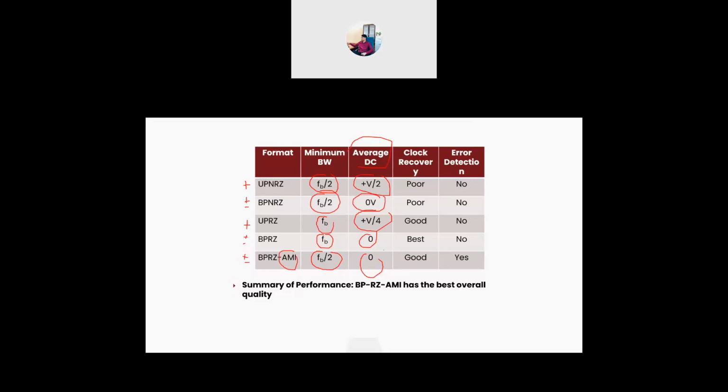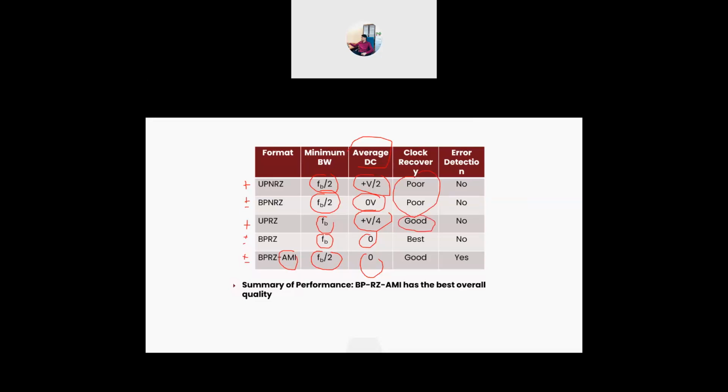So for the clock recovery, unipolar NRZ and NRZ have poor clock recovery, and for the return to zero, it will have good clock recovery.